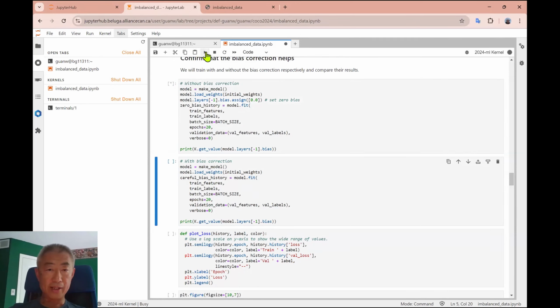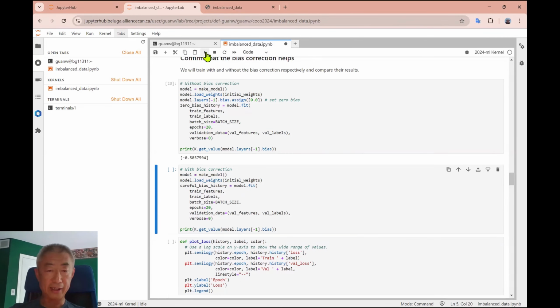Let's run this one. A little bit slower than I expected. Okay, and I run again the second one.